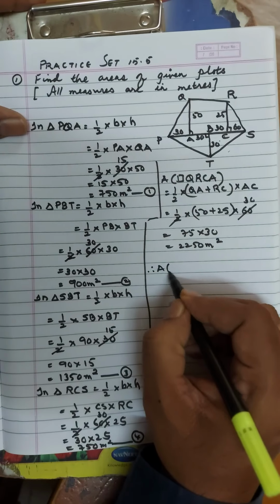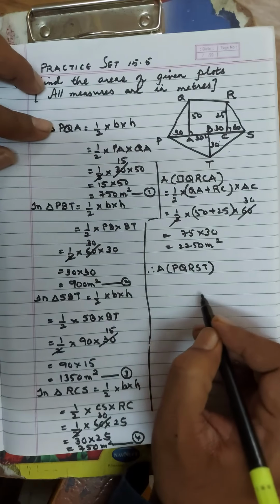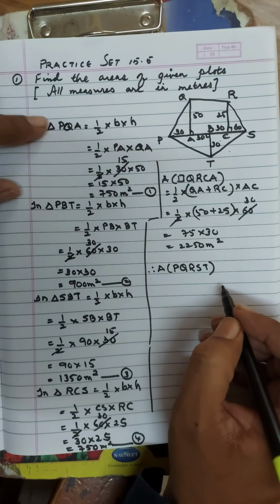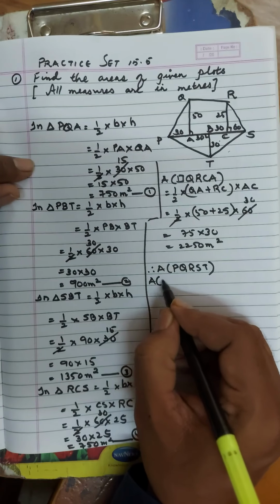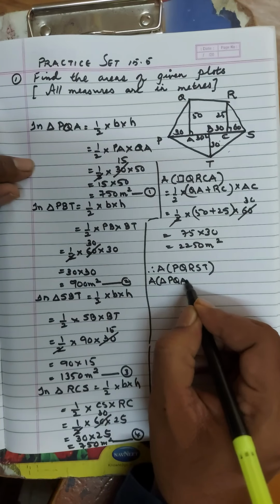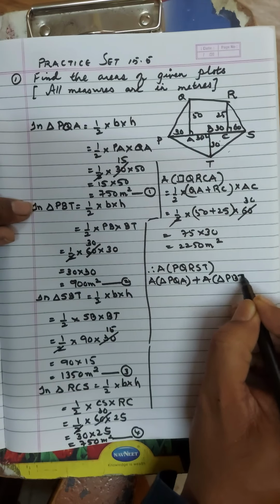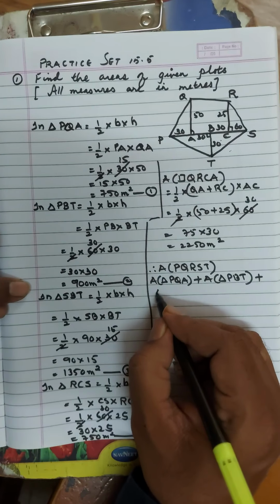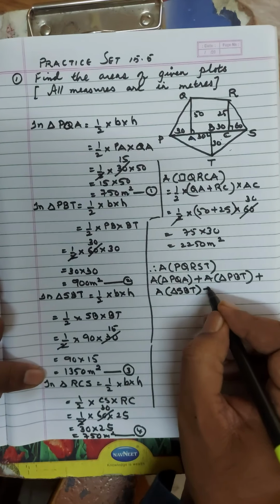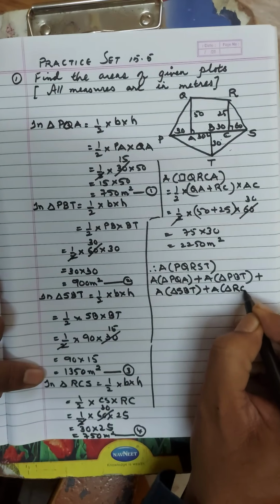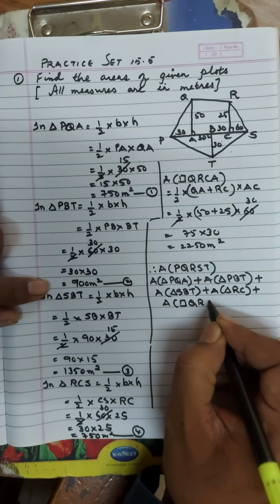Now we need to take out the entire area. Therefore, the area of PQRST is the area of triangle PQA plus area of triangle PBT plus area of triangle SBT plus area of triangle RCS plus area of quadrilateral QRCA.